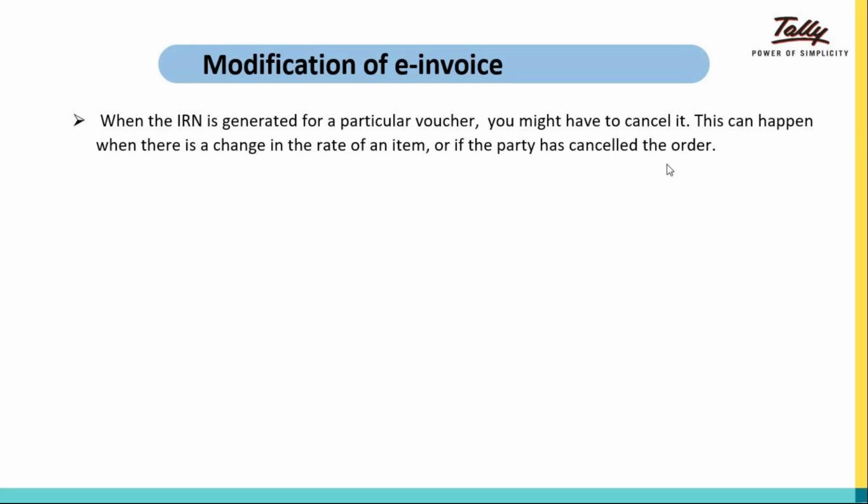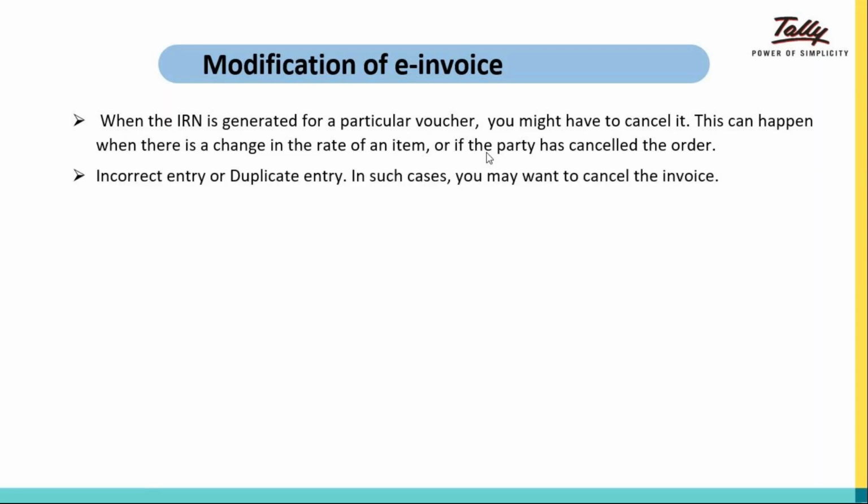What are the scenarios in which you have to cancel it? If there is any change in the rate of the item, or if the party, the customer, is canceling the order, you have to make some modifications or cancel the invoice that you have generated. Incorrect entry or duplicate entry, in such cases also you may want to cancel the invoice.